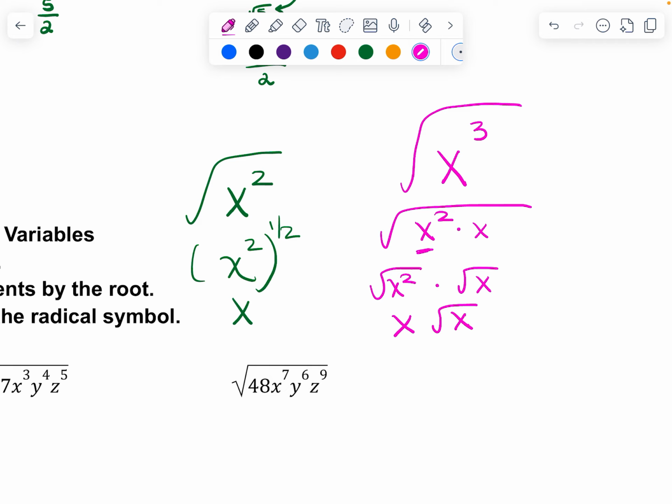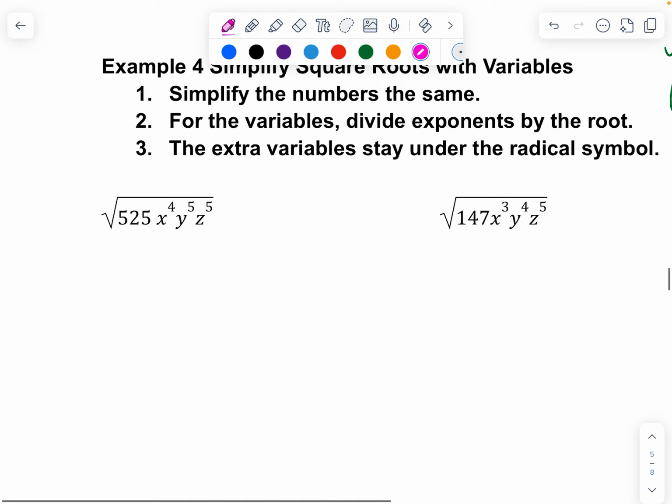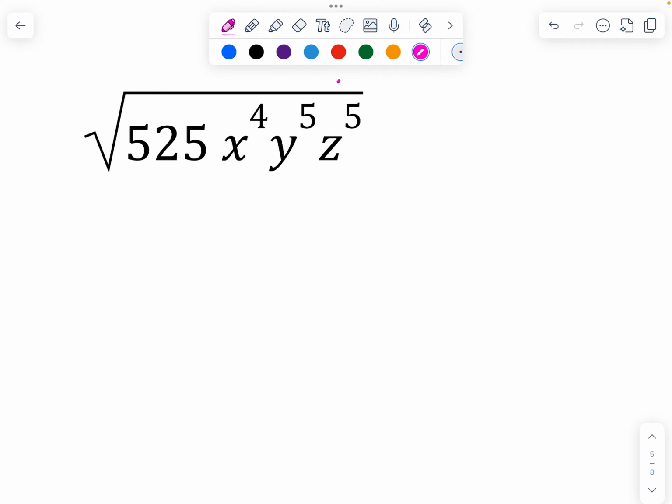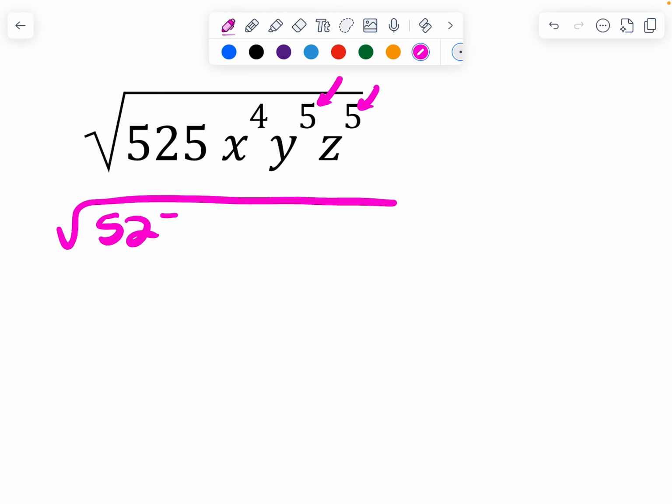So you are taking half of the exponent. Well, some of them are odd numbers. So we're going to have to split those apart. I'm going to go ahead and split them apart first. Okay, so all I did was split them apart.